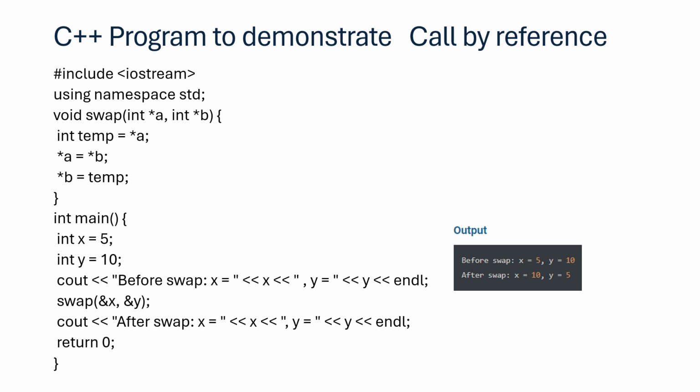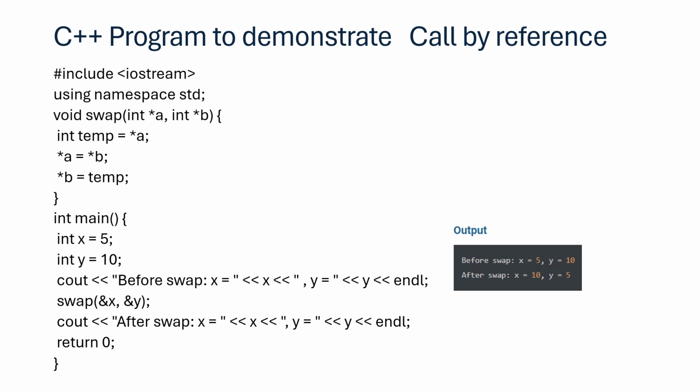Then in the main function, int x = 5 and y = 10. Before swapping, these two variables will be printed: x is equal to 5 and y is equal to 10. After swapping, when we call the function swap, we use the address-of operator ampersand: swap(&x, &y).